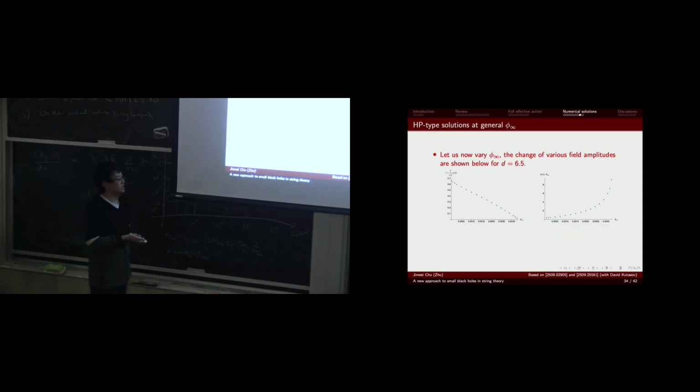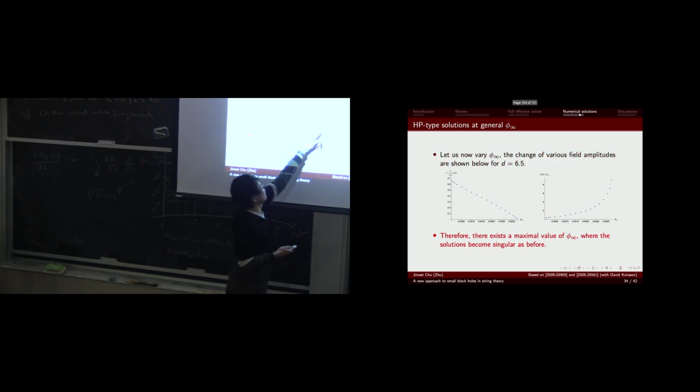Furthermore, we can release the condition phi infinity equal to 0 and see how the solution changes with phi infinity. So let's take d equal to 6.5 as an example. And in this example, we find another interesting fact, which is that there exists a maximum value of phi infinity, which is approximately 0.0033.